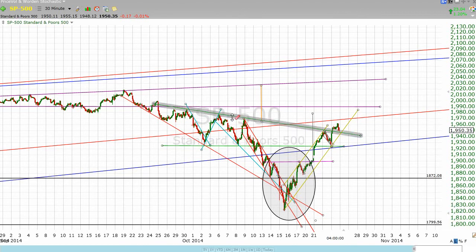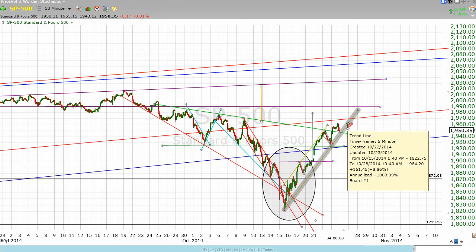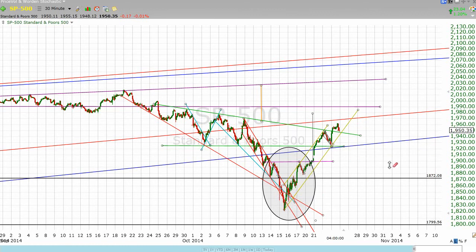We had the descent that was in a channel, now the rally that is approximately in a channel. We still don't have a really good support line in this, but my feeling is that we probably should fall underneath an established support line and back off a bit to form that right shoulder, if that is what is going on.